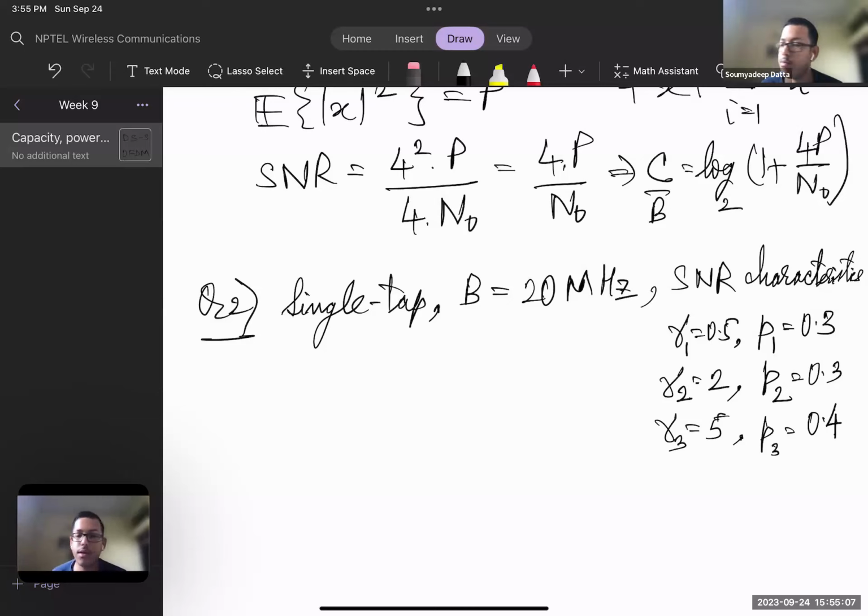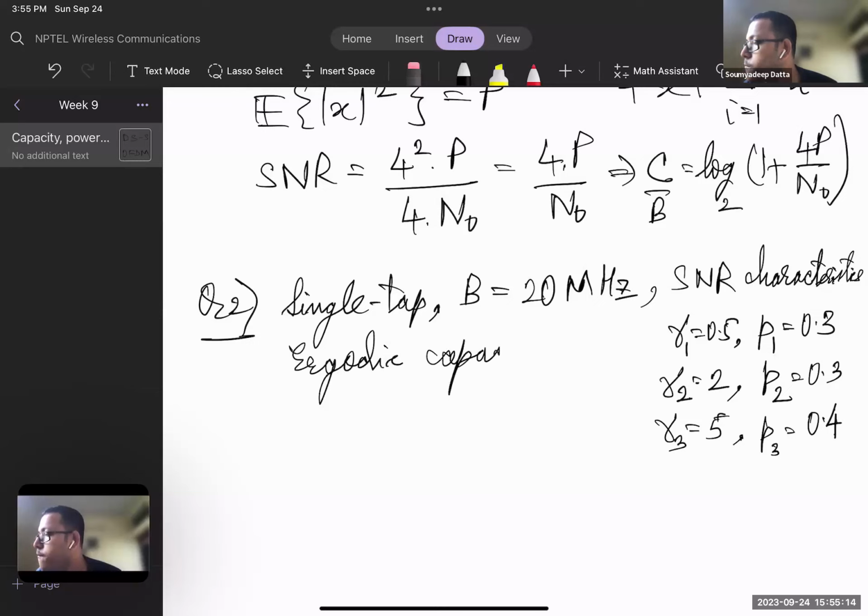And you are asked, okay, find the ergodic capacity. So how do we calculate this? For ergodic capacity, C is equal to bandwidth times expectation.